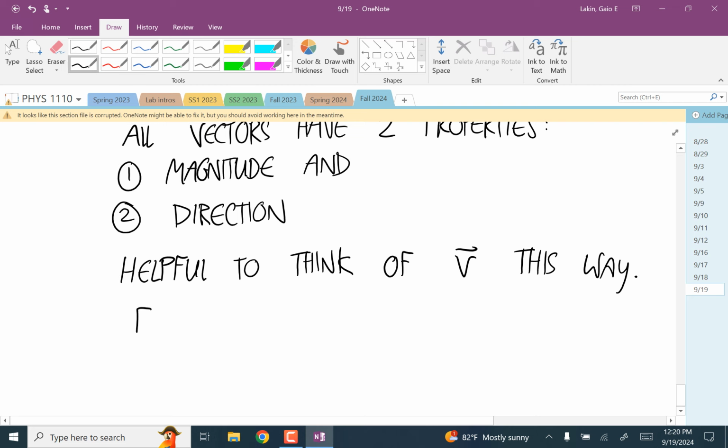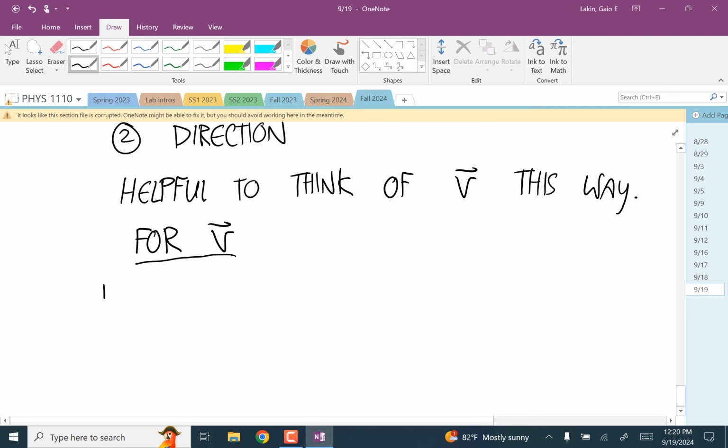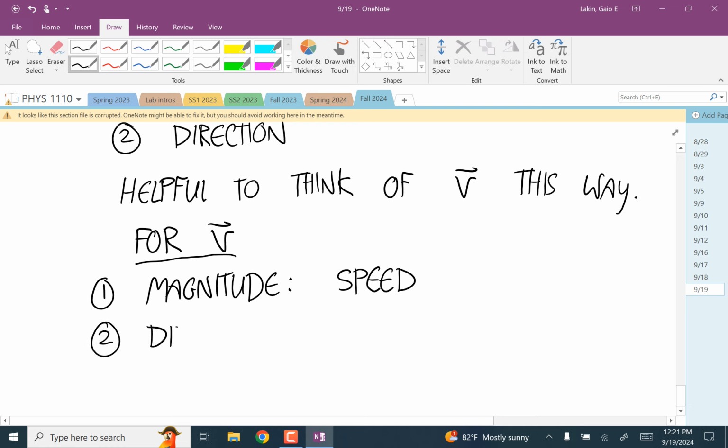For the velocity vector, the magnitude of the vector is the object's speed. And the direction of the vector is the direction the object is moving.